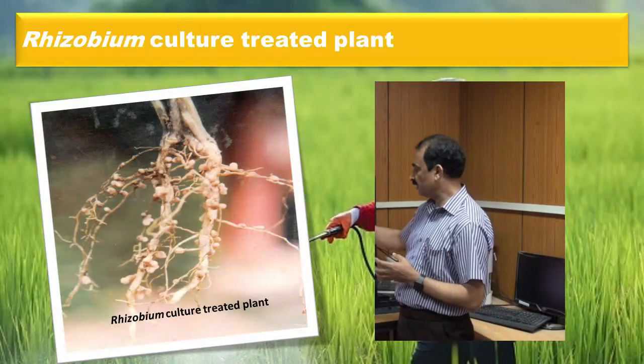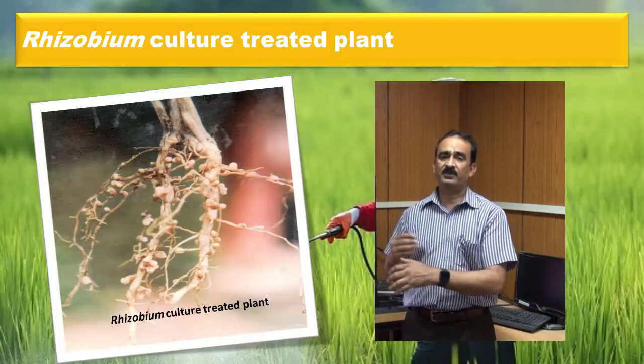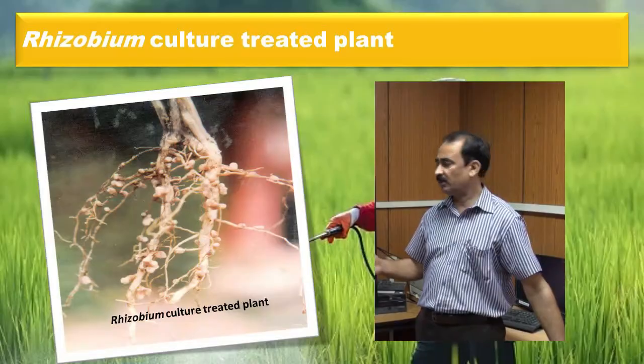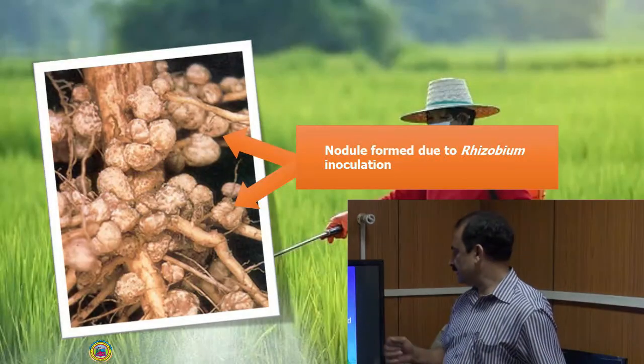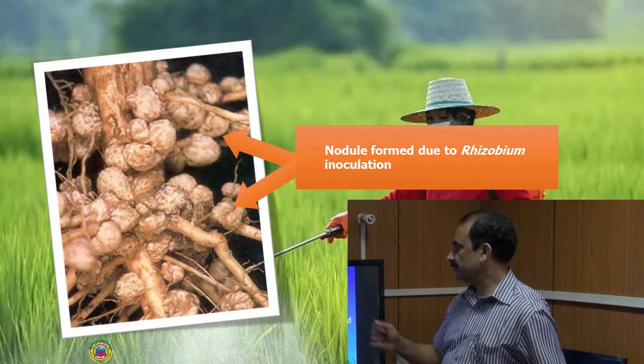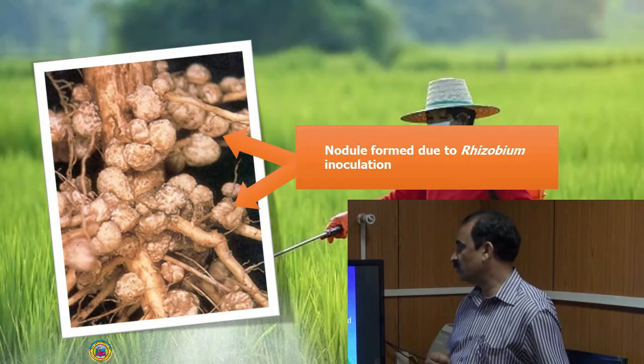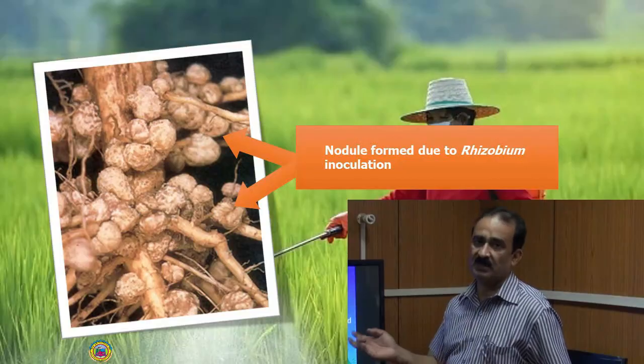After inoculation, you can see this type of root structure, especially in pulses and some oilseed crops. This is an example of Rhizobium culture in chickpea. You can see how many nodules are present after inoculation of the Rhizobium culture.